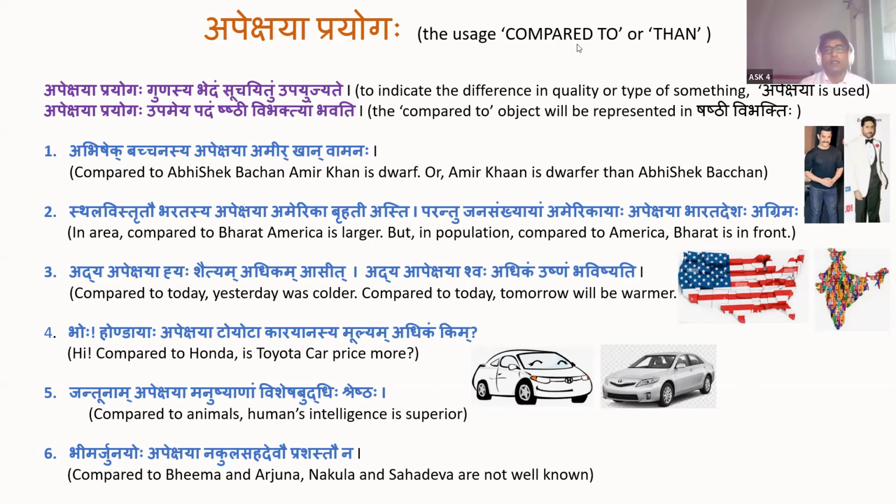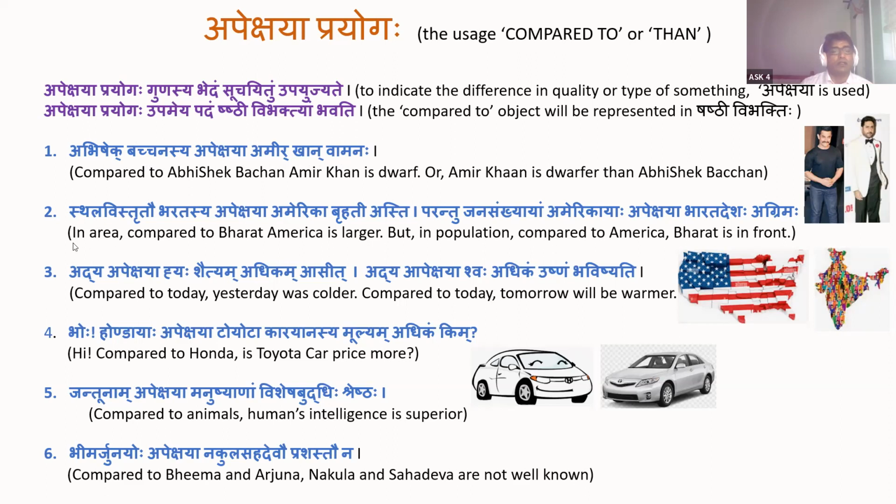Whenever you say it is, or it's compared to, apekshaya is used. That's the usage. Now, when you use apekshaya, the noun that is compared to should be in the sixth vibhakti. So if you want to say Amir Khan is shorter compared to Abhishek Bachchan, this Abhishek Bachchan noun should be in the sixth vibhakti. Abhishek Bachchanasya apekshaya Amir Khan vamanaha.